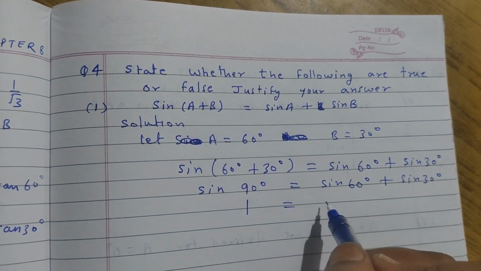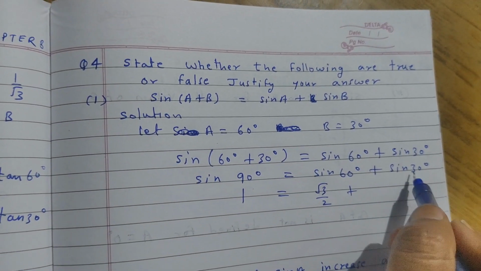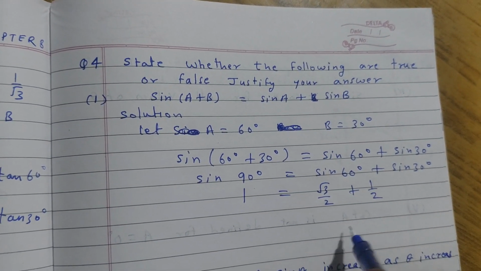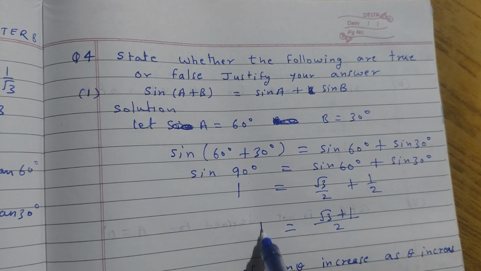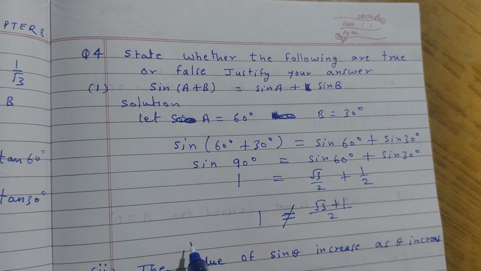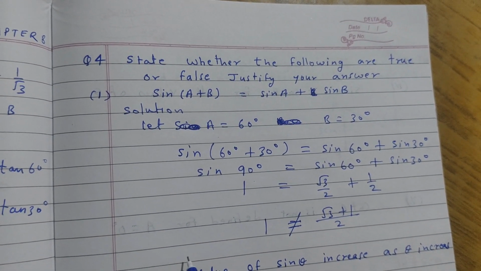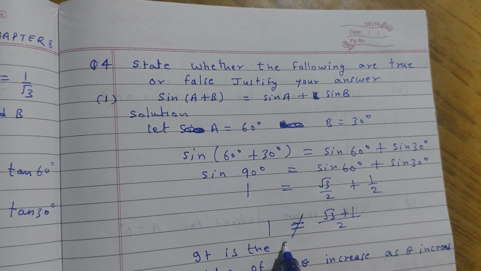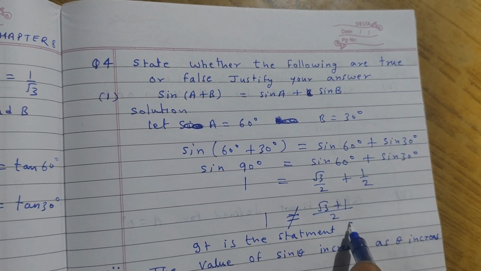Sin 60 value is root 3 by 2 and sin 30 is 1 by 2. Taking LCM, root 3 plus 1 by 2 is not equal to 1. So our statement is false.